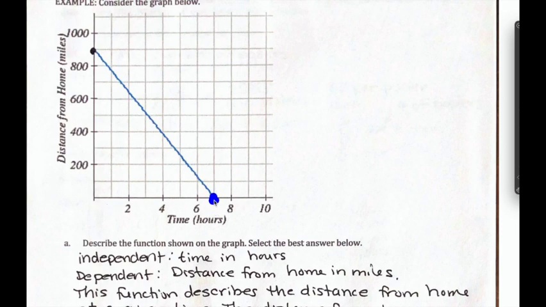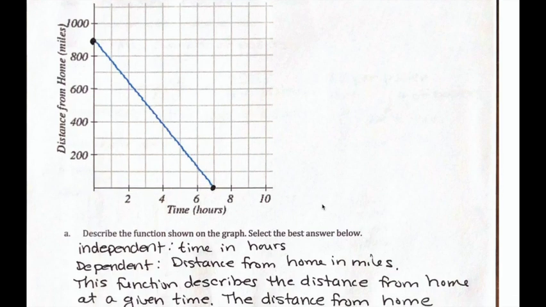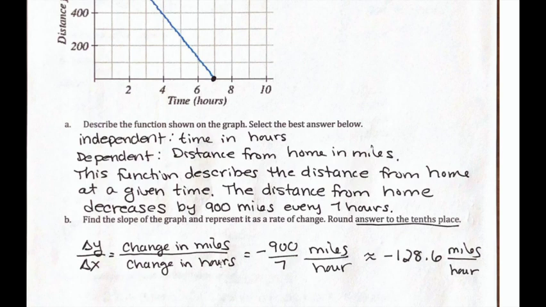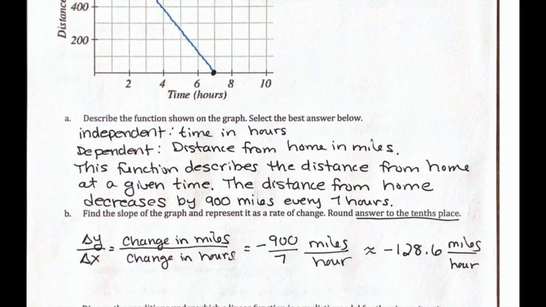This point right here is at 7 hours, but it's at a distance of 0 because it's on the x-axis. So what this is telling me is it decreased 900 miles in 7 hours. So that's how we can describe this function.